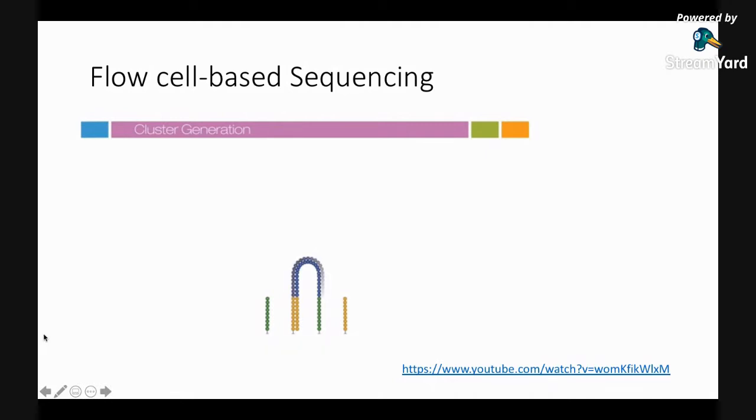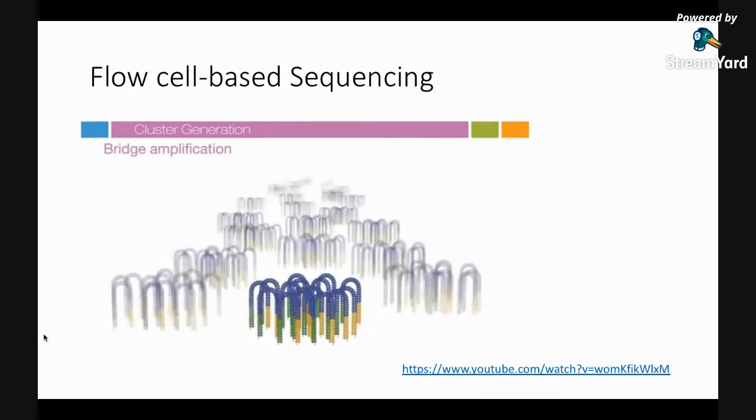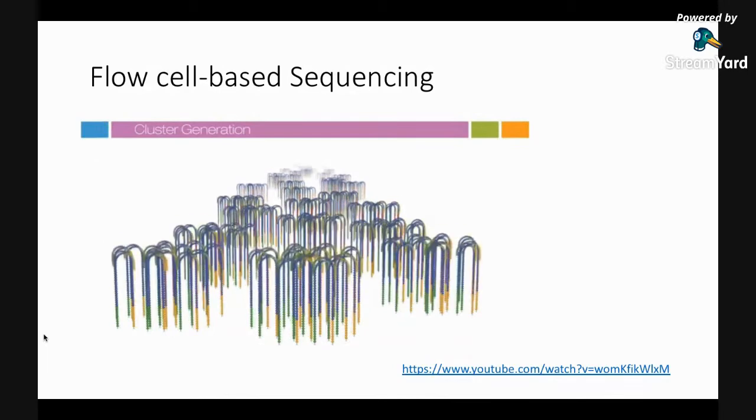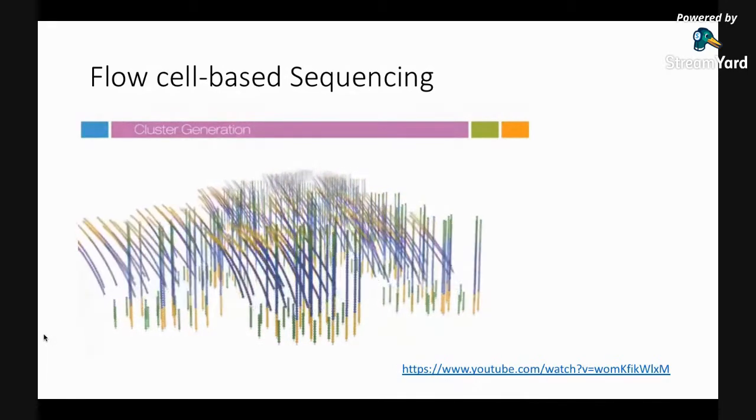Polymerases generate the complementary strand, forming a double-stranded bridge. This bridge is denatured, resulting in two single-stranded copies of the molecule that are tethered to the flow cell. The process is then repeated over and over, and occurs simultaneously for millions of clusters, resulting in clonal amplification of all the fragments. After bridge amplification, the reverse strands are cleaved and washed off, leaving only the forward strands.